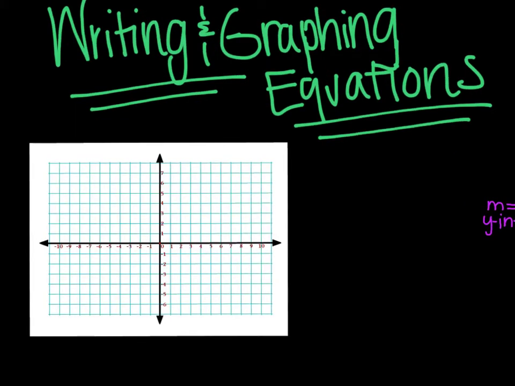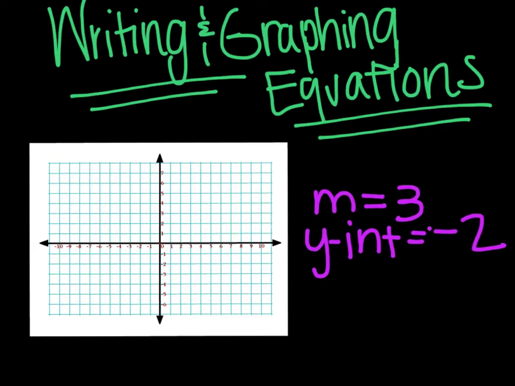Now we need to practice graphing and writing equations. So here is the first example. This problem, I guess it's the only example too, but here you're told that your slope is 3 and your y-intercept is negative 2. So you are going to first write the equation or graph it. It really doesn't matter which order you go in, but I'm going to write my equation first.